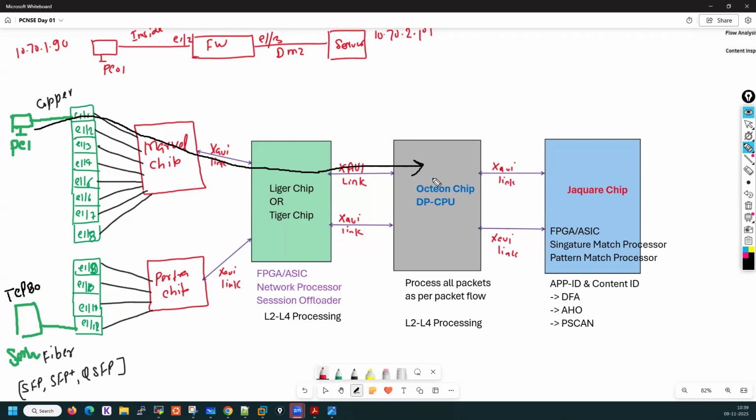Once this packet reaches the Octeon chip, your packet processing will start from here. What are the packet processing stages, guys?